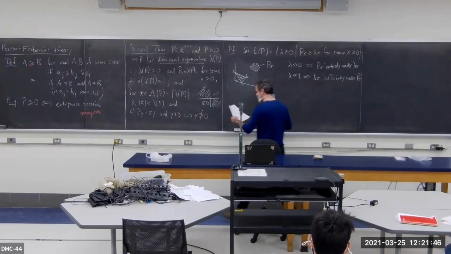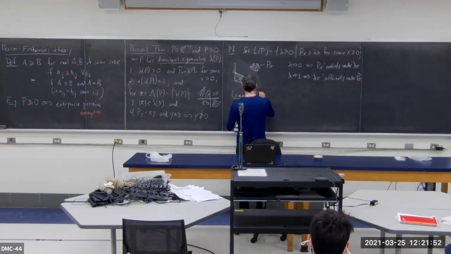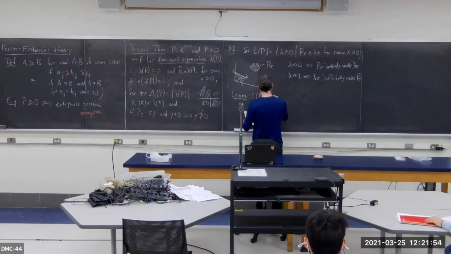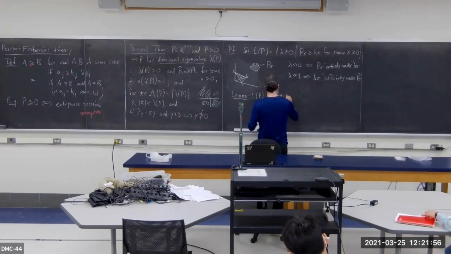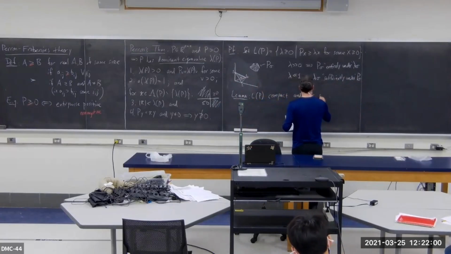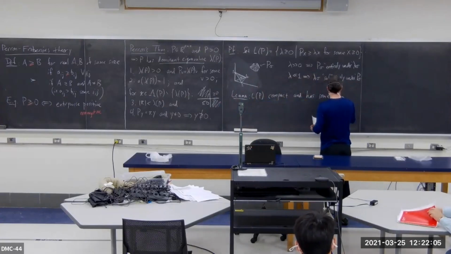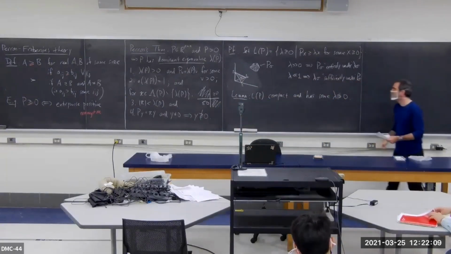So here's a lemma, which I wanted to convince you of first. L of P is compact, and it has some non-zero element in it.